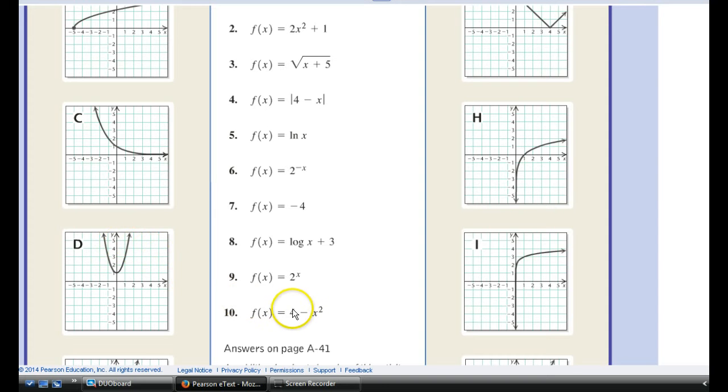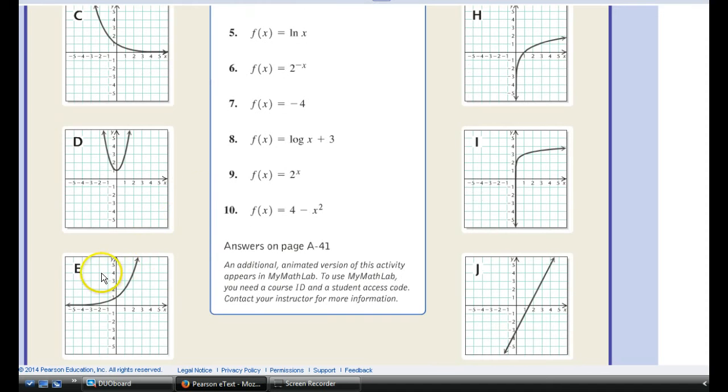So it's not this one. This one was used. How about number 2? There's our value of +1 right there. And it's a parabola. Now, if it was just x squared, these lines, remember, would open up a little more. Since it's a 2, it gets closer to the y-axis. All right.